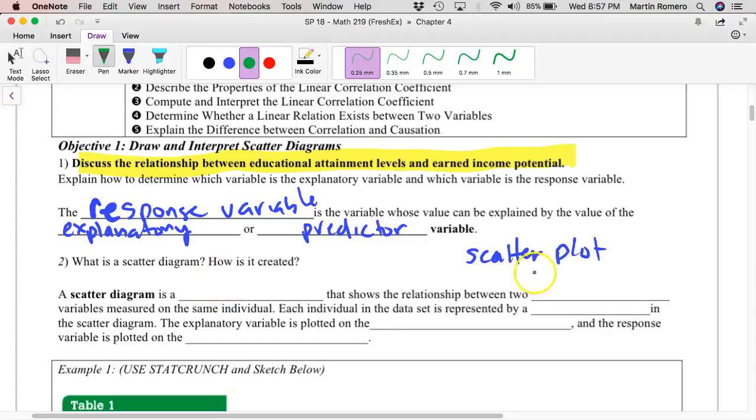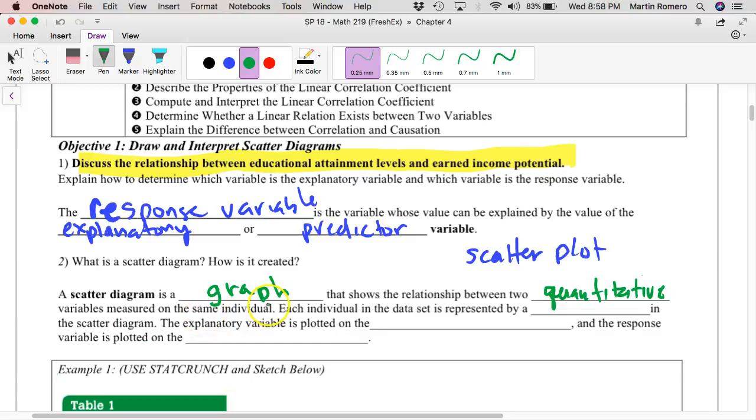It shows the relationship between the two variables. And so the scatter diagram is a graph that shows the relationship between two quantitative variables. By now you should be familiar with the difference between quantitative and qualitative.